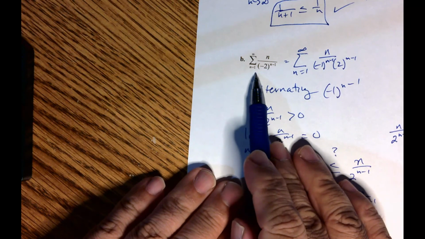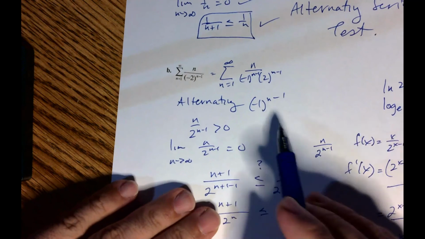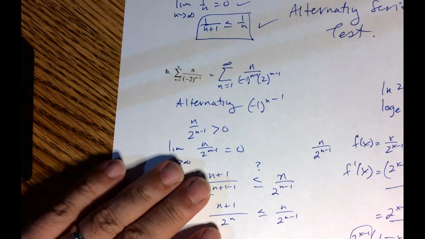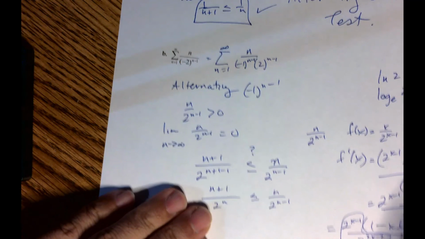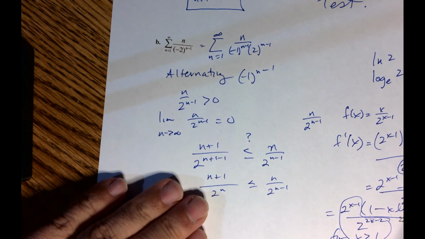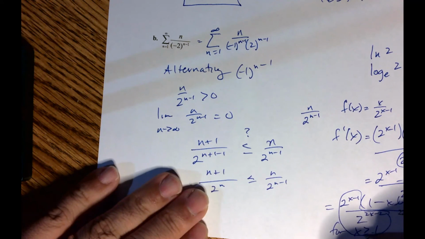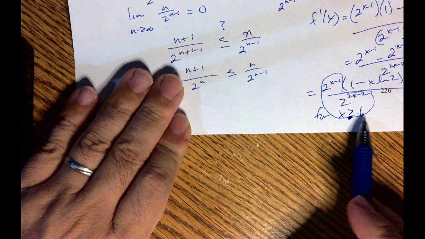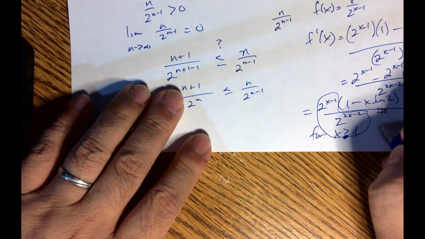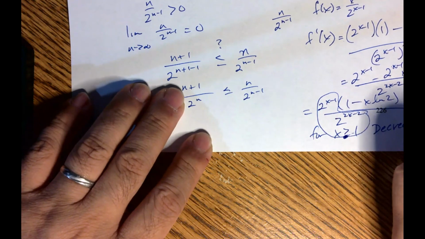So if we start at 2, then it is decreasing, and that's enough. So it's decreasing for x greater than 2. And so x greater than 1, not greater than or equal to 1. I wrote greater than or equal to 1, but for x greater than 1, this is decreasing. Not positive, but this is decreasing.